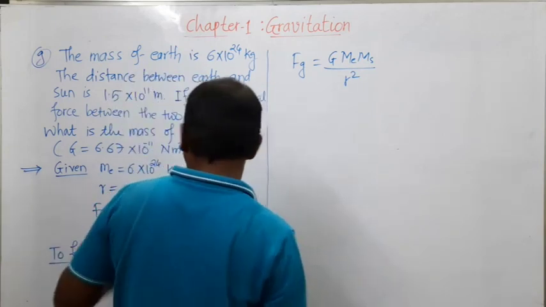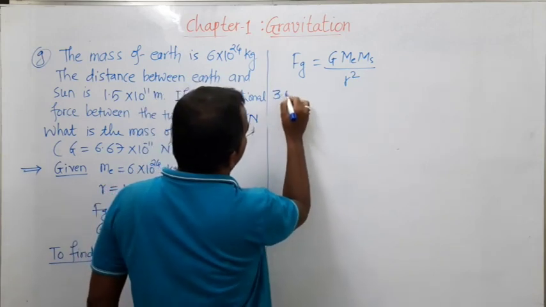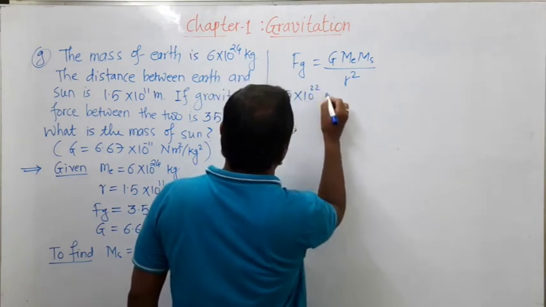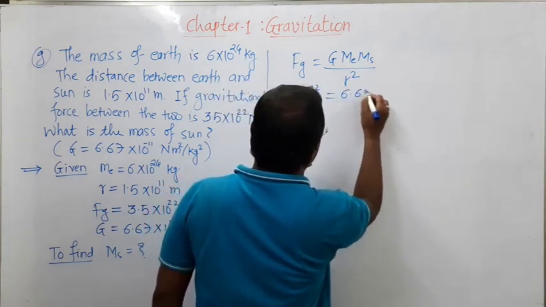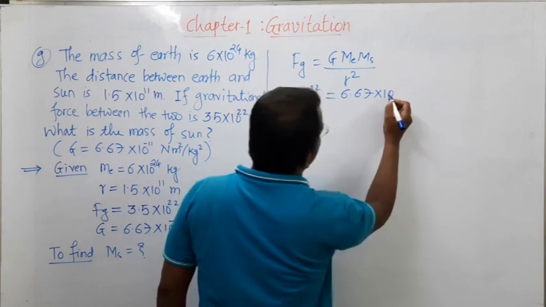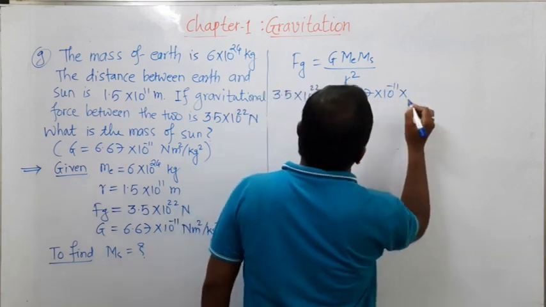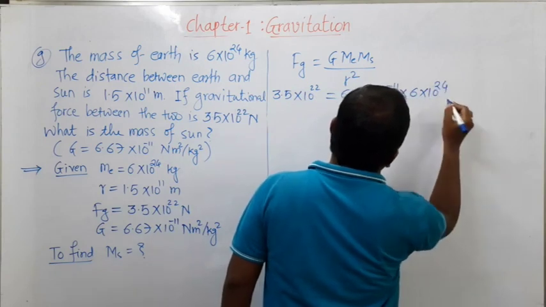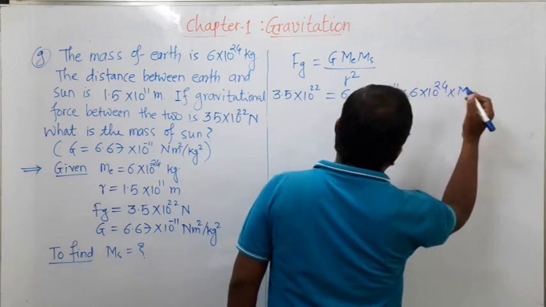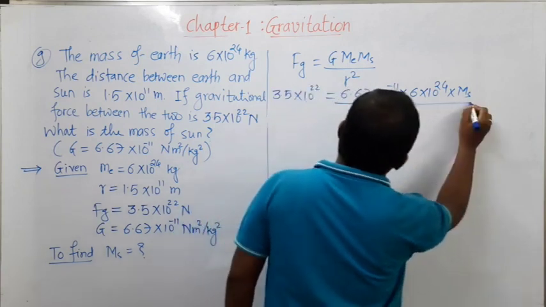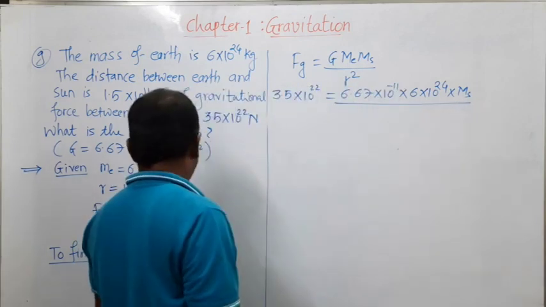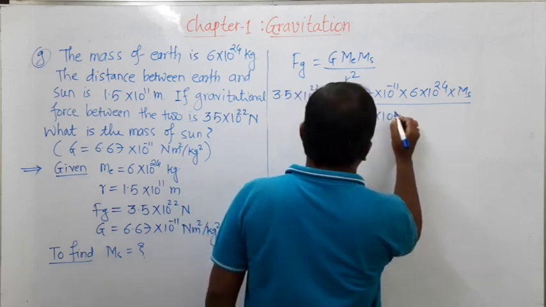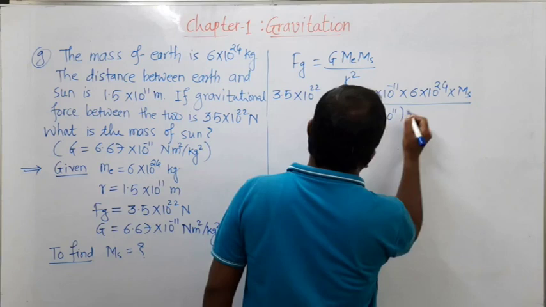Fg is 3.5 into 10 power 22. G is 6.67 into 10 power minus 11. Mass of earth is 6 into 10 power 24, and mass of sun we have to calculate, divided by r square, that is 1.5 into 10 power 11 bracket square.